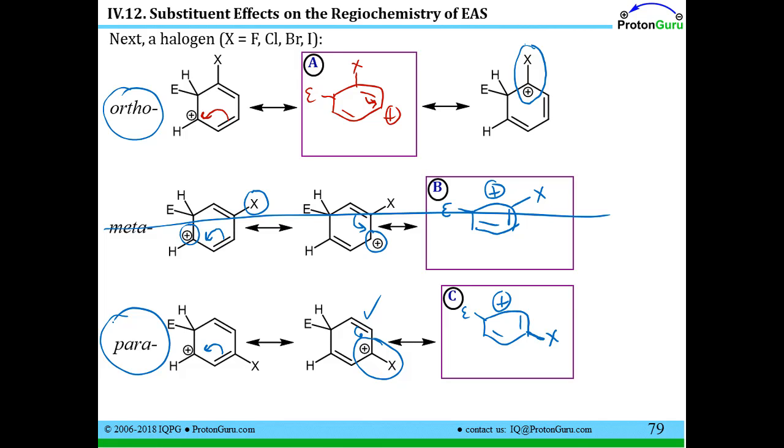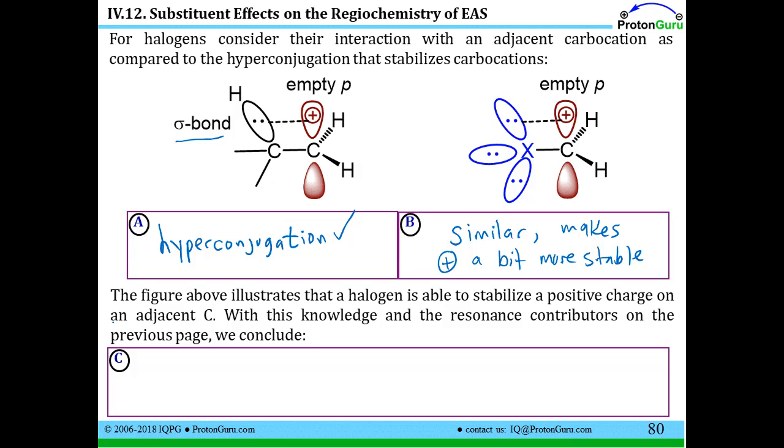So we expect that the ortho and para carbocation intermediates would be a little bit more stable than the same meta isomer. So coming back to this page, we conclude that the ortho and para products would be the major products in this case as well, if we had a benzene ring that had a halogen on it and tried to do electrophilic aromatic substitution.